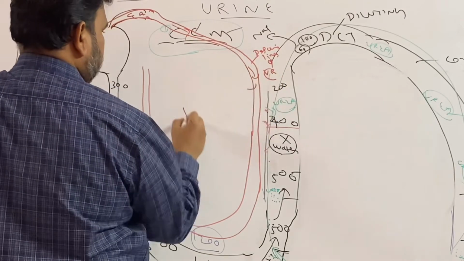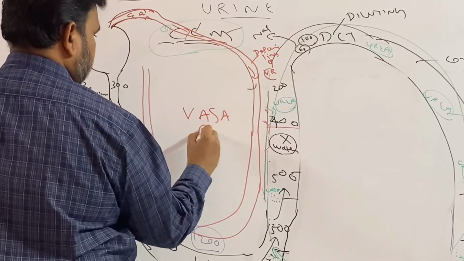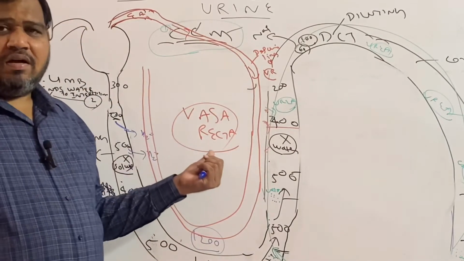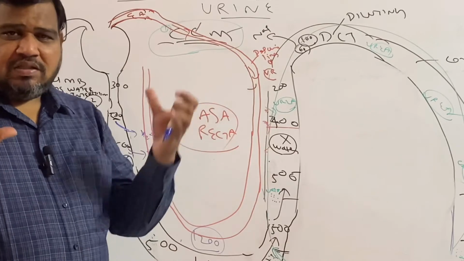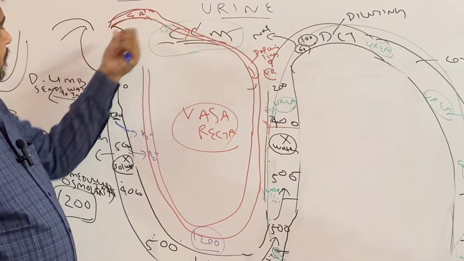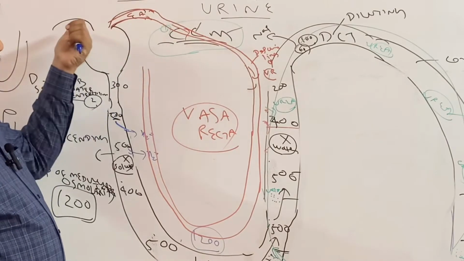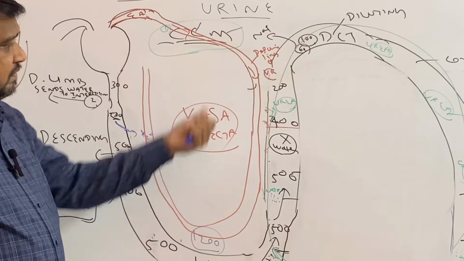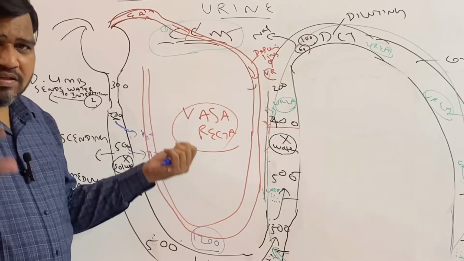Note it down. This is vasa recta. Vasa recta are peritubular capillaries, which are nothing but a continuation of the capillary network of the efferent arteriole from the glomerulus. This is the efferent arteriole. This is the afferent arteriole.